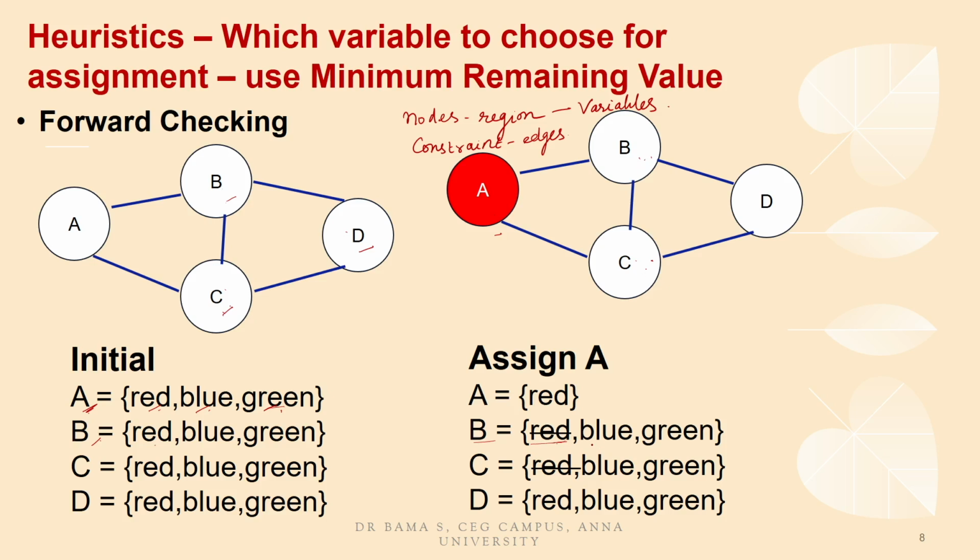That leaves us with B as blue and green and C as blue and green and D has all the 3 colors. And the value that is remaining is going to be the minimum remaining values. This is the heuristic that we are mentioning here. So, once we assign A, B's domain value is restricted to blue and green and similarly C's domain value is restricted to blue and green here.